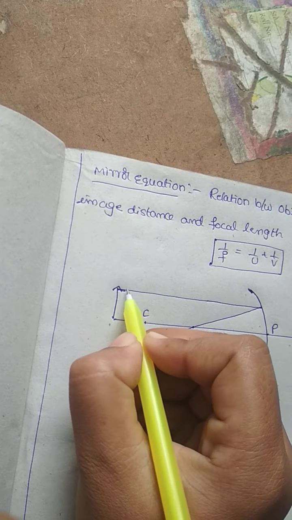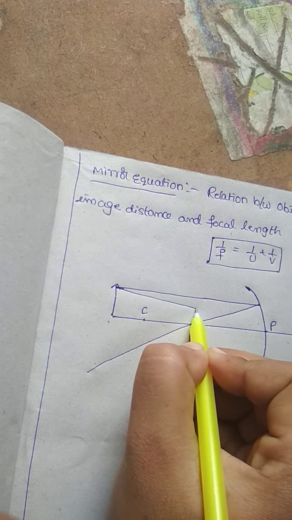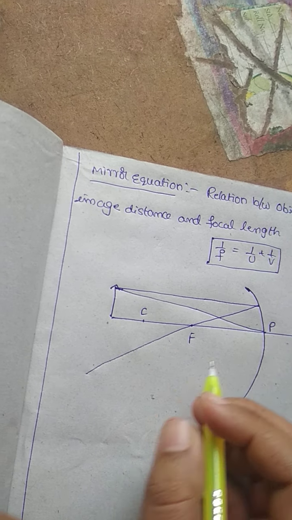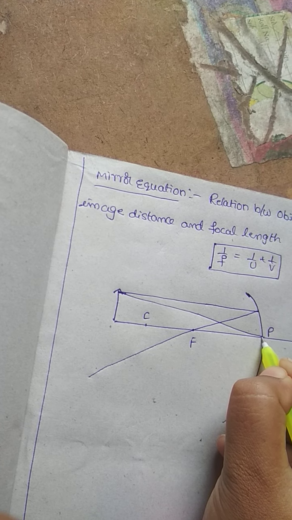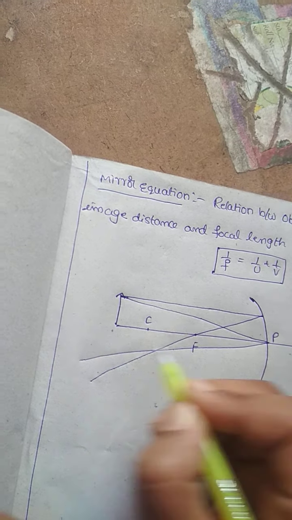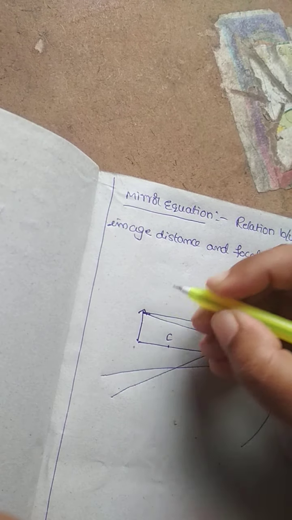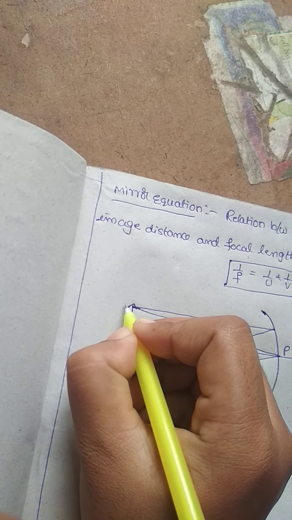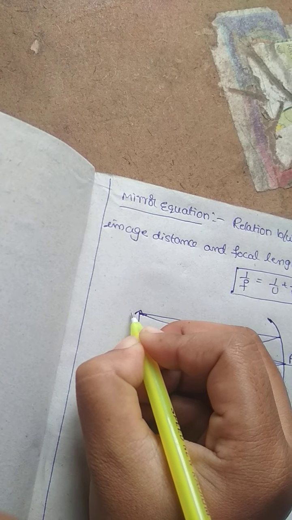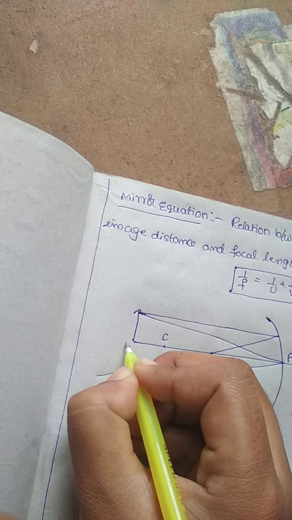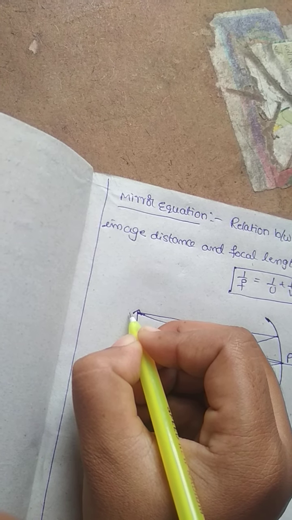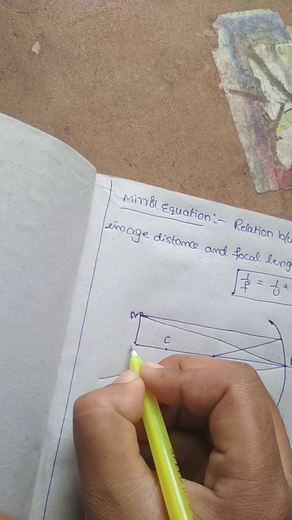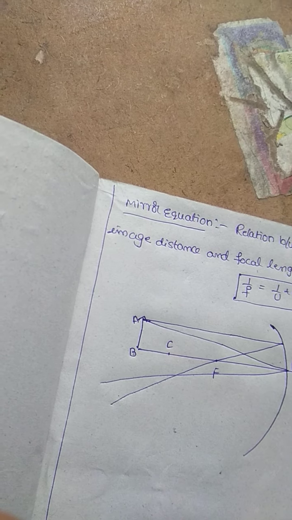The second one is towards the pole, after it will reflect obliquely. That is the second rule. Here the object is A, B is the object.